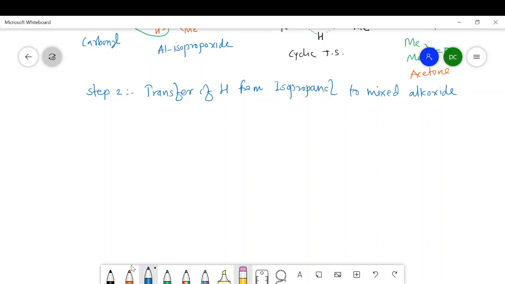The structure of the mixed alkoxide is like this: RCHR'.